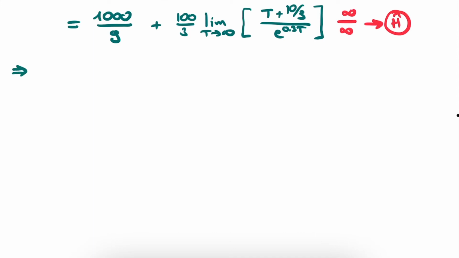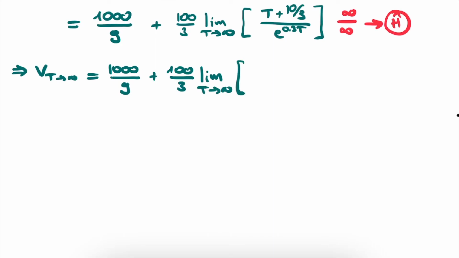This gives us that V of T going to infinity, so the total number of views of this video, is equal to 1000 divided by 9 plus 100 divided by 3 times the limit of T going to infinity, but now using L'Hopital's rule. And what L'Hopital's rule says is that we now derive the numerator and the denominator separately and then take the limit again.